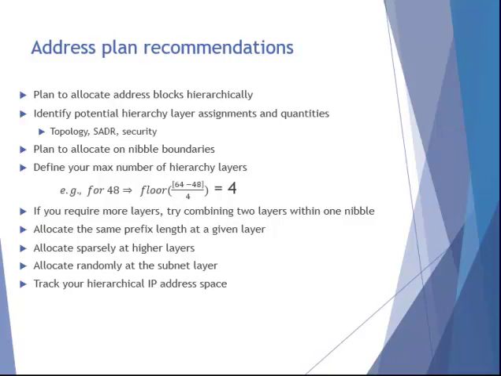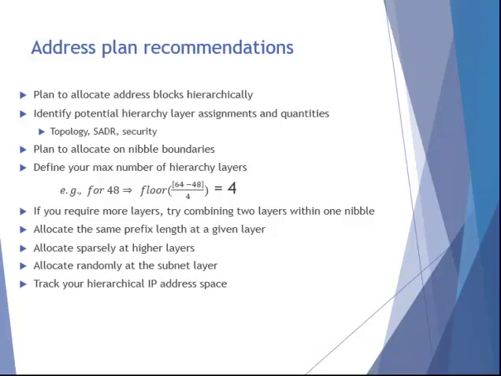And then lastly, we recommend tracking your hierarchical address space. We showed an example of this in the first video as well, and really just making sure that you track each block allocation and its child blocks within that layer of hierarchy. You want to make sure you maintain that roll-up, that aggregation level, and that's the key benefit of the hierarchical allocation.